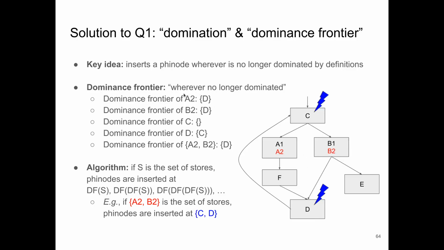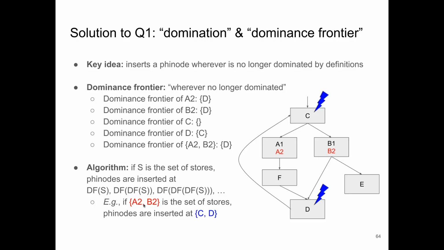So this very idea of dominance frontier is basically conceptualizing wherever it is just becoming no longer dominated. This is used when we determine where to put phis in the mem-to-reg optimization. So here is basically the algorithm.